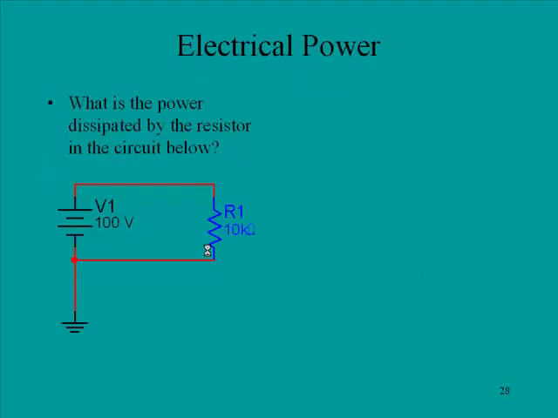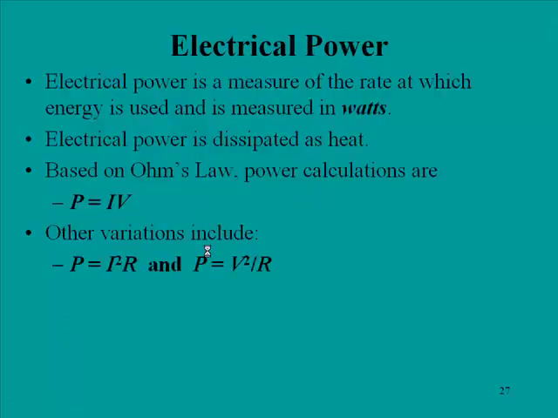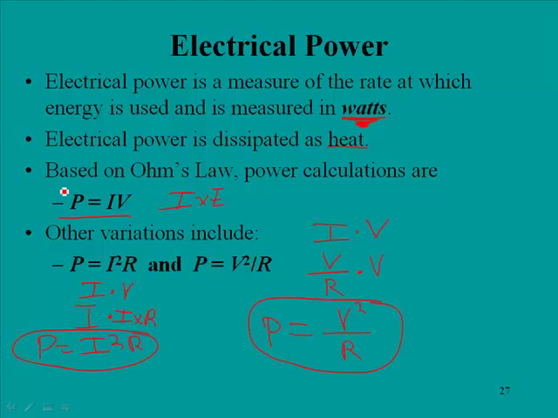We also looked at electrical power, and we tried 3 different ways of calculating the power for this specific circuit. We got the same results with all 3 formulas: power equals current times voltage, power equals current squared times resistance, and power equals voltage squared divided by resistance.